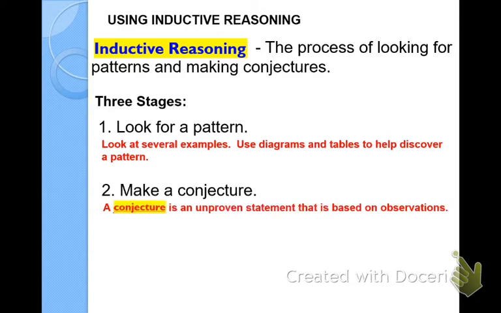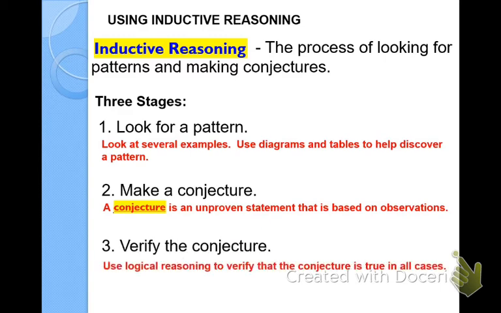Remember, a conjecture is an unproven statement based on observation. And then last, you want to verify that conjecture. Use logical reasoning to verify that the conjecture is true in all cases. When you're ready to flip, you can.